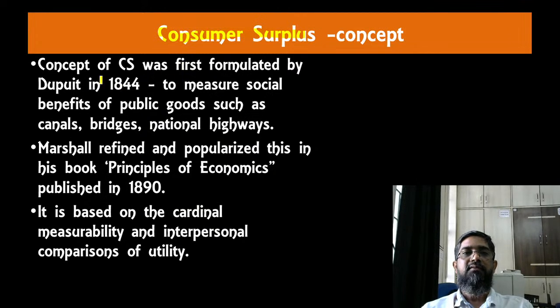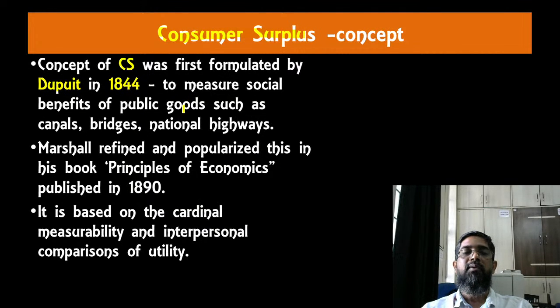Before that, see, this concept of consumer surplus was given by Dupuit in 1844. He is an economist who gave this concept, and he used it to measure the social benefits of public goods.